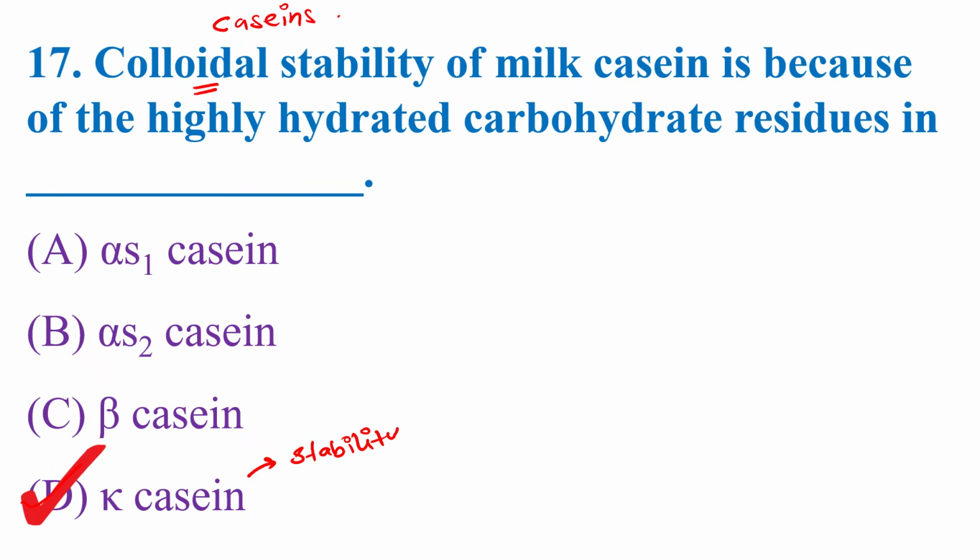Because it has highly hydrated carbohydrate residues, or else we can say it is glycosylated, which is attached to a structure. Now these carbohydrate groups will form hairy-like layers on the surface of the micelles, which will prevent them from sticking together.